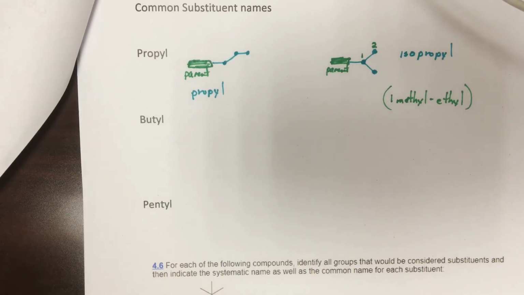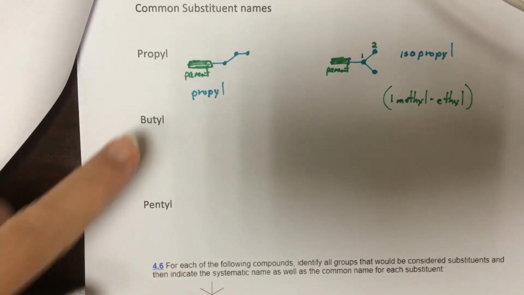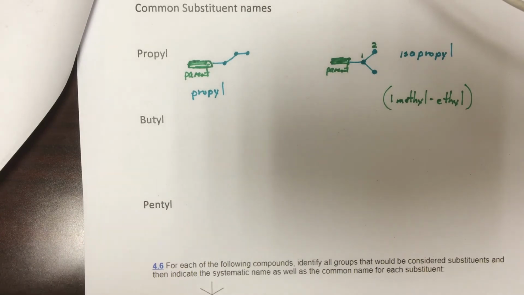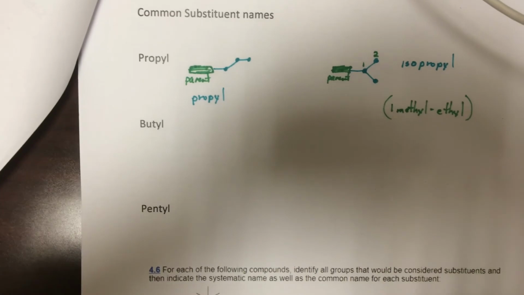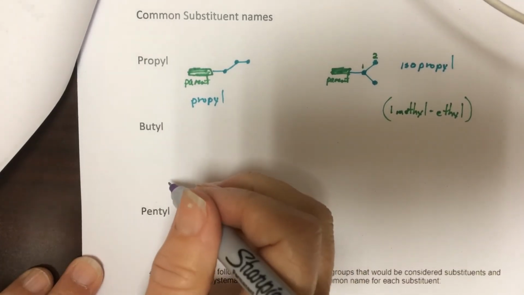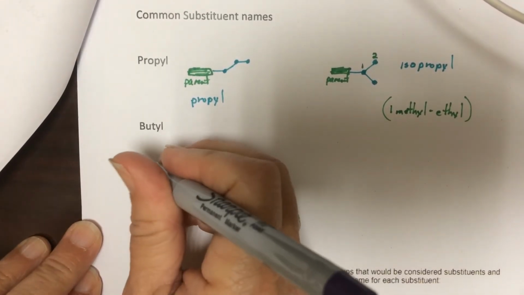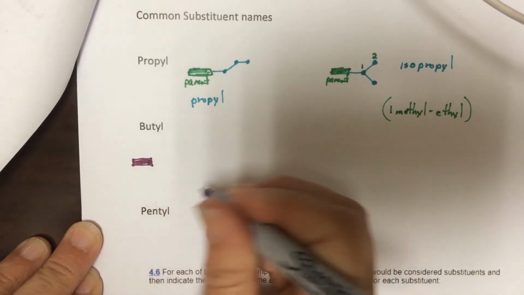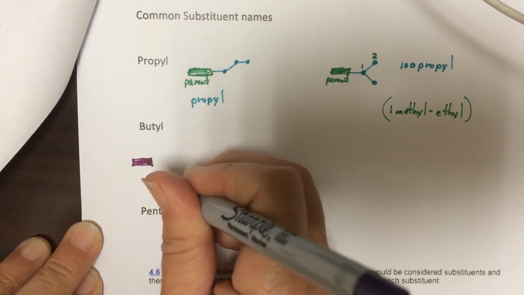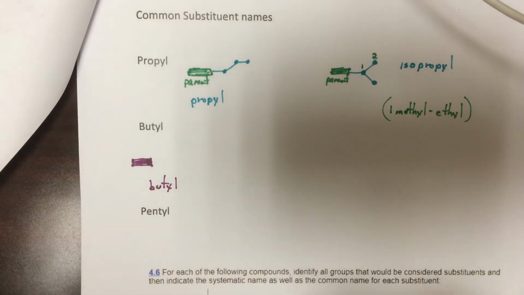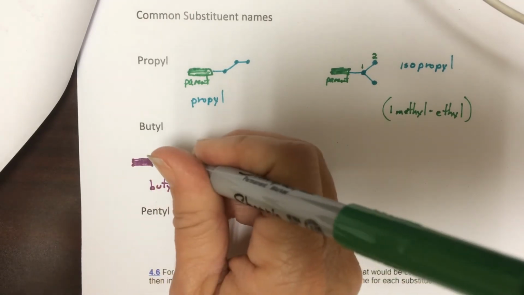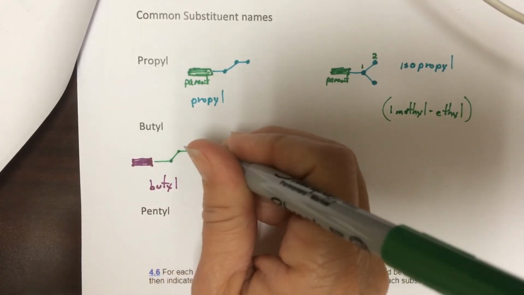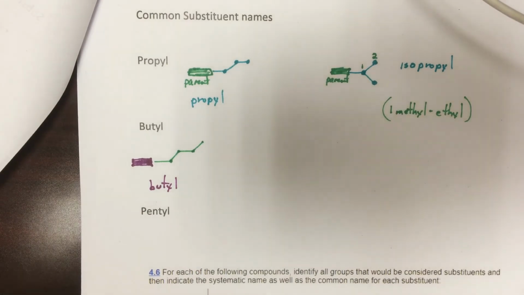If you have 4 carbons and you have a butyl group, you can make even more different arrangements of atoms. So here's the parent, and if you have just a plain old butyl, you'll have 1 carbon, 2 carbons, 3 carbons, 4 carbons. So you have your 4 carbons and they're in a line.